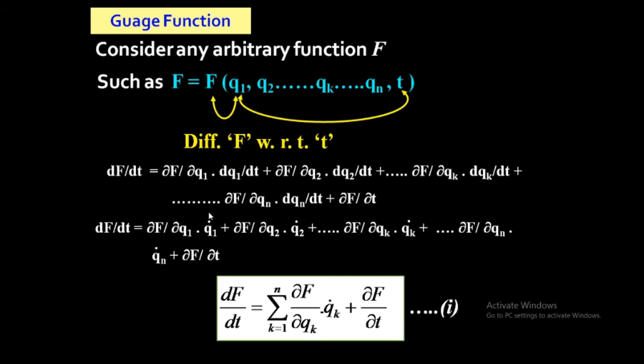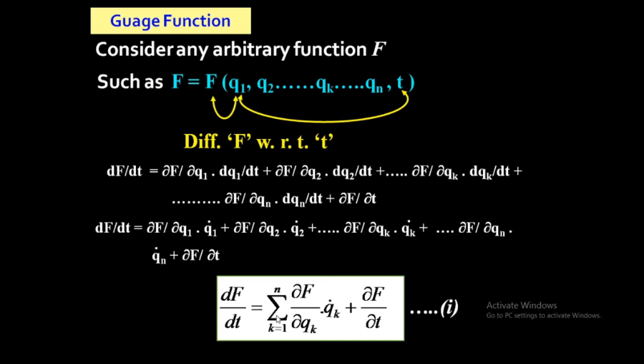So if I consider the function f, which is a function of generalized coordinates and time, its derivative with respect to t I can write in the form of this equation: df by dt is equal to summation over k del f by del qk into qk dot plus del f by del t. This is equation number 1. So in this way I can write df by dt.